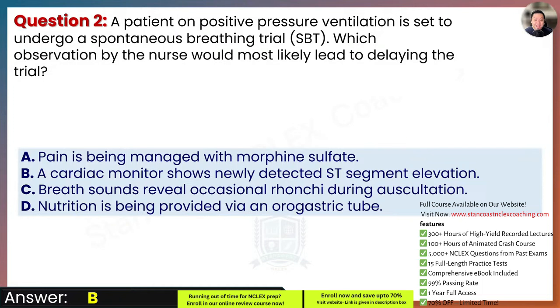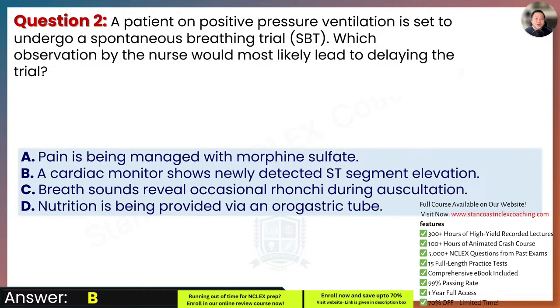We know that A, C, and D describe common patient conditions, but they do not present an immediate threat to the success of the spontaneous breathing trial. Letter B really stands out because the new ST segment elevation signals a cardiac emergency, and this is the best reason to delay the trial.